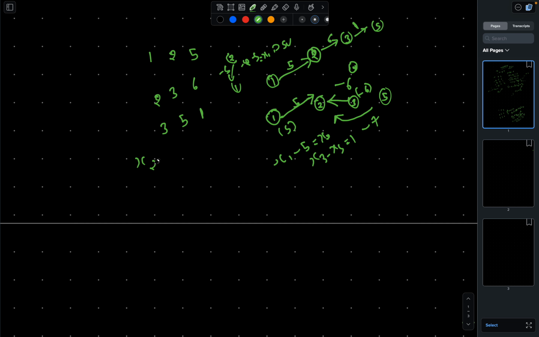See, x2 minus x3 is equal to 6, x3 minus x5 is equal to 1.